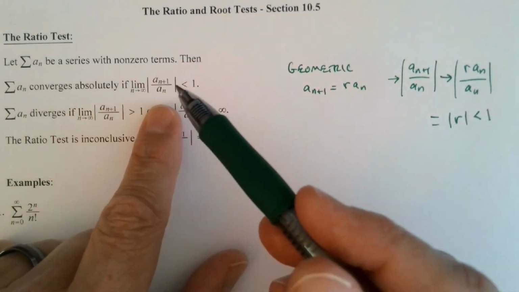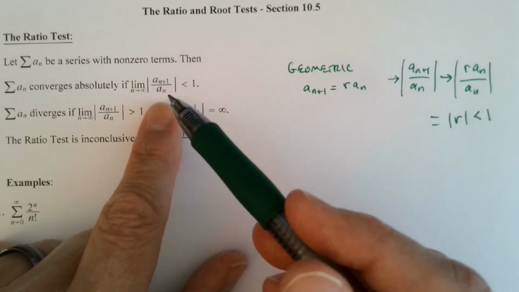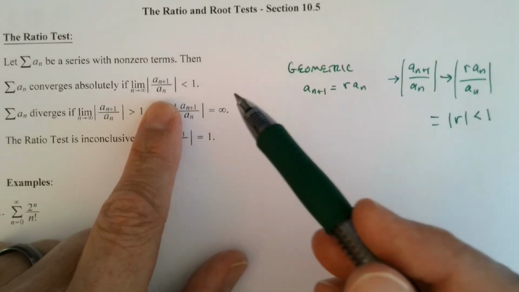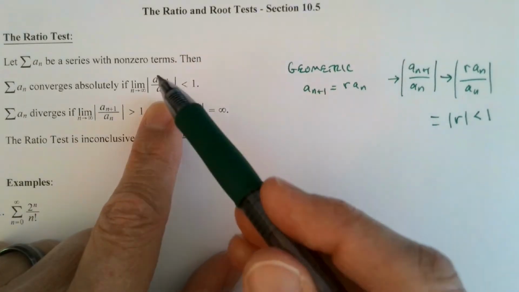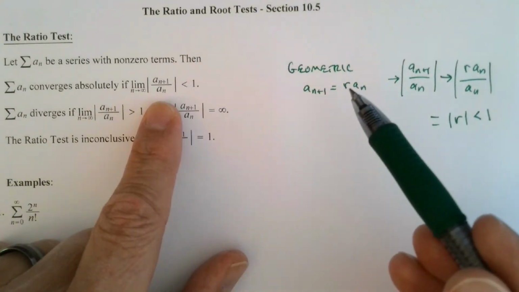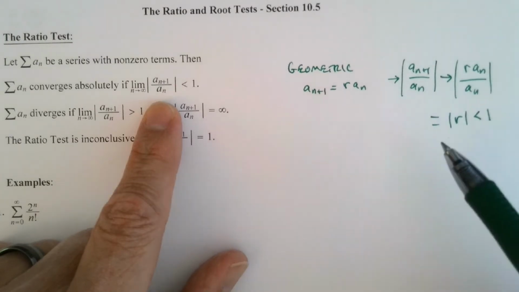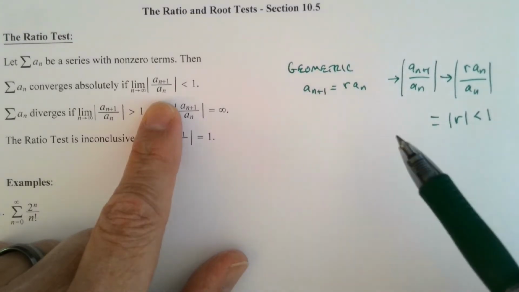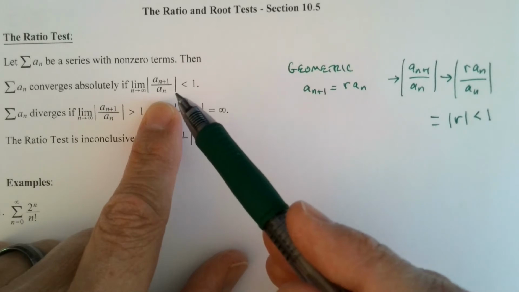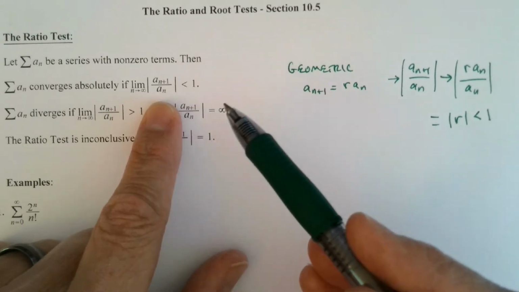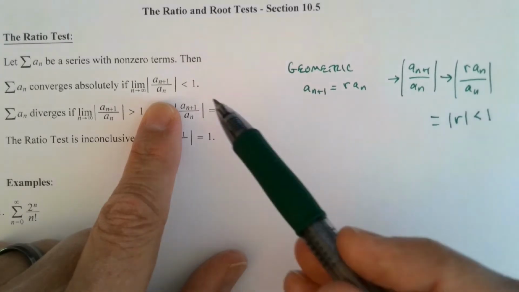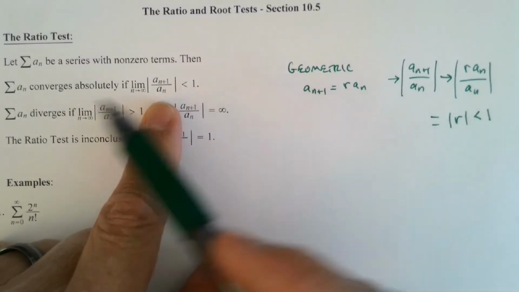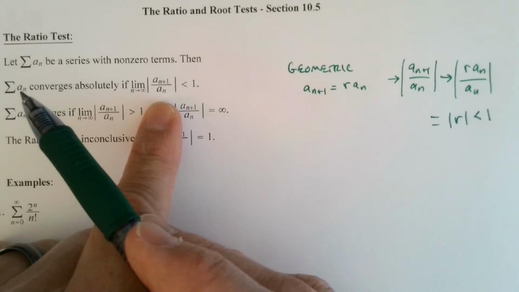But what we're saying is, far out, as long as the terms in the sequence are getting close to a geometric series, in other words this ratio is approaching some value of r such that the absolute value of r is less than 1, then the series looks very much like a geometric series, and because of the behavior that we proved with the geometric series, we can then show that these series will converge.